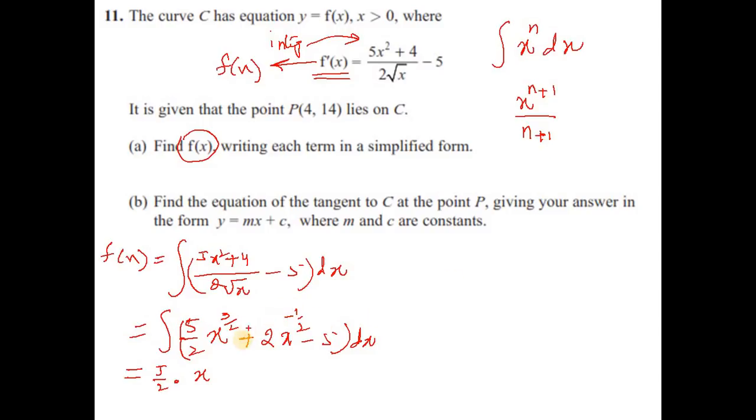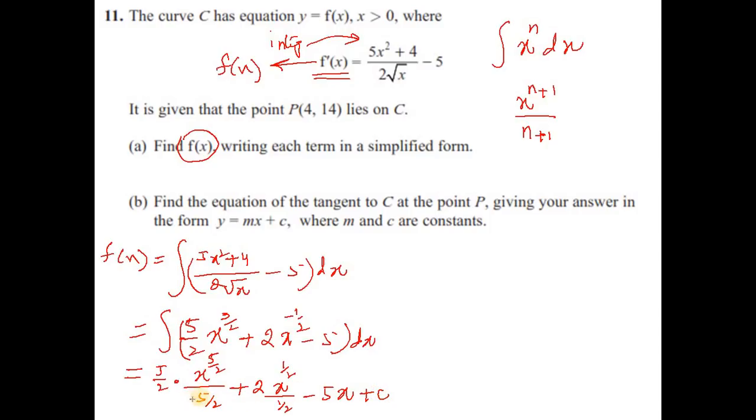So similarly, I will do x to the power 3 by 2 plus 1. 3 by 2 plus 1 is going to give me 5 by 2, divided by 5 by 2, plus 2 into x to the power minus half, so minus half plus 1, so x to the power half divided by half, minus 5x, the integral of minus 5 is minus 5x, plus c.